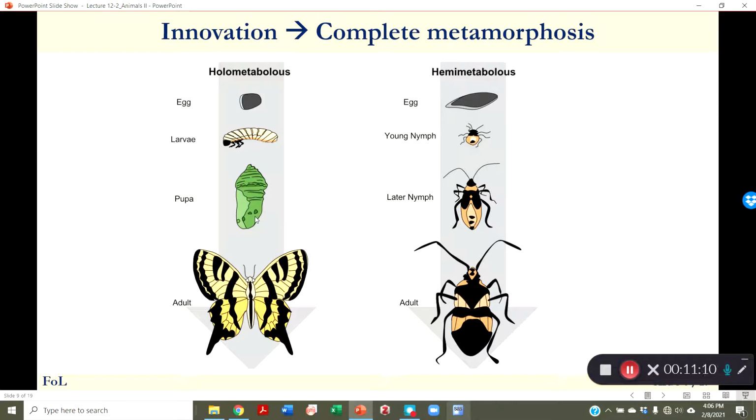They form this protective shell using their skin, and then completely reorganize their bodies to form the adult structures. What often happens when an organism has complete metamorphosis is that it can specialize in feeding as a larva, and feeding and reproduction as an adult. So it's really quite interesting.